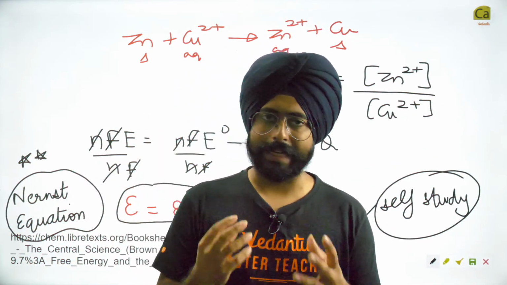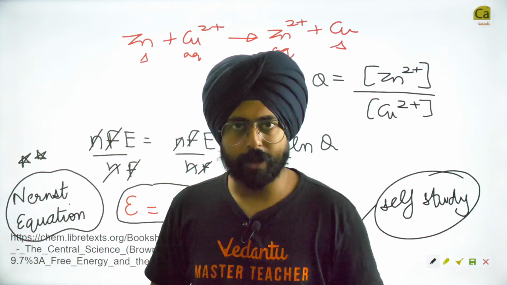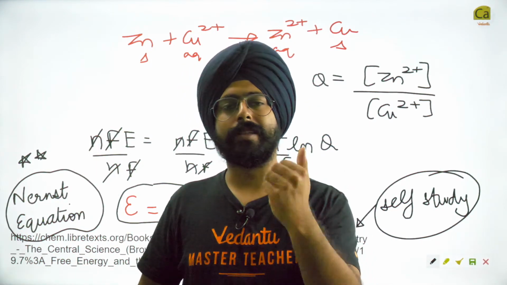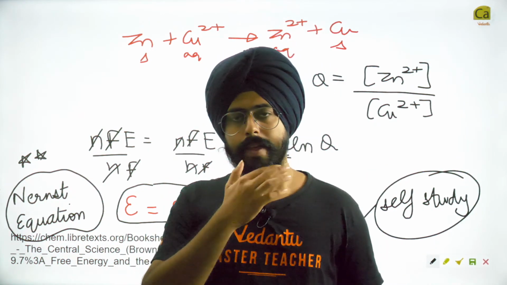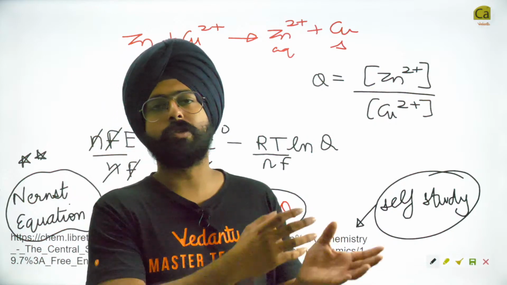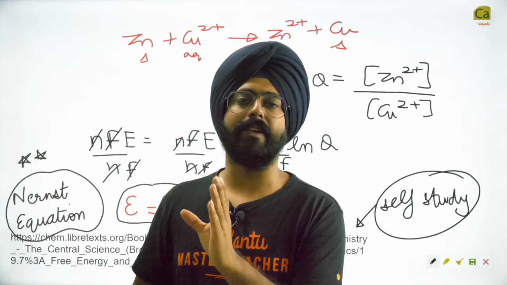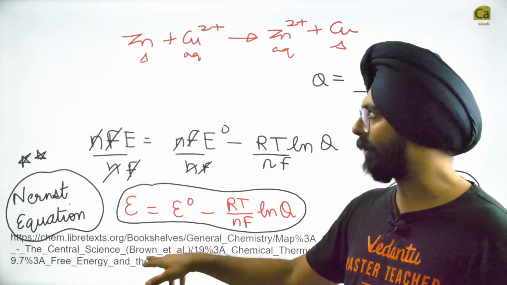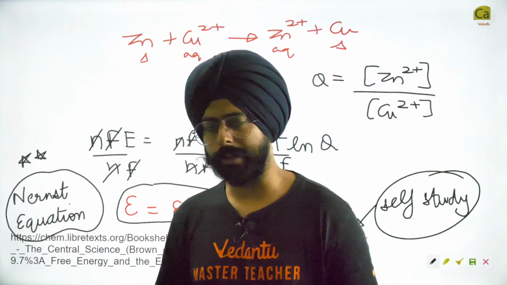So we understood how to read a particular cell notation. We've understood how to figure out what is the reduction half, what is the oxidation half. We've understood what are standard electrode potentials, and we've also understood what is standard EMF in that particular question. Then after that question, we came to understand that all the energy that a reaction is utilizing is going into doing the electrical work. That gave rise to the very simple equation delta G is equal to minus nFE. Using that equation and combining it with the equation which will be derived over here, we come to the Nernst equation. That is what we've done in today's class.